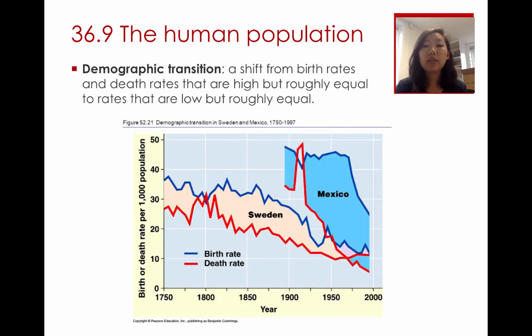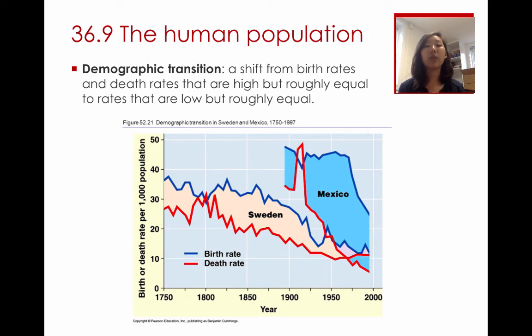What happened over time is that our birth rate stayed roughly the same for some time, but our death rate decreased. By doing that, we increased the overall human population. But as a nation becomes more densely populated and developed, our birth rate also starts to decline to the point where it eventually meets our death rate.